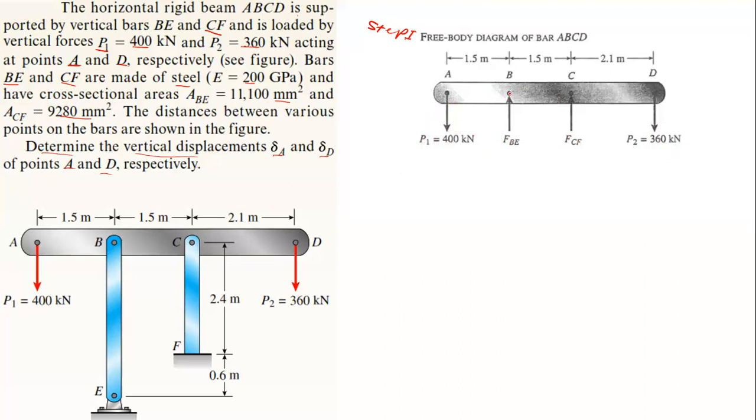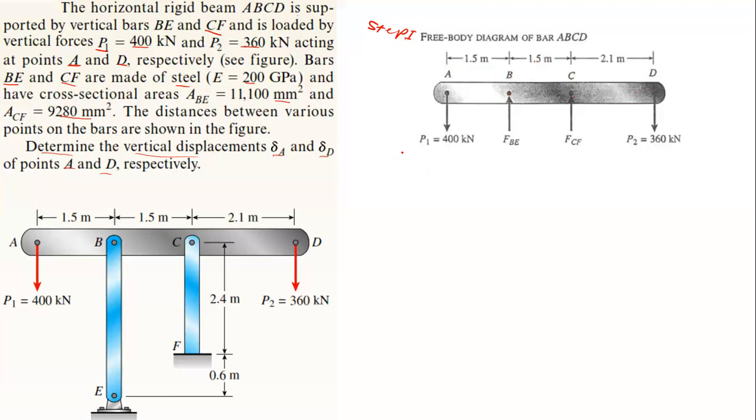For our supports, bar BE and bar CF, we have this direction upward with the corresponding distances. A is 1.5 from B, B is 1.5 from C, and C is 2.1 meters from D. Okay, so after that, we're going to proceed to calculation.